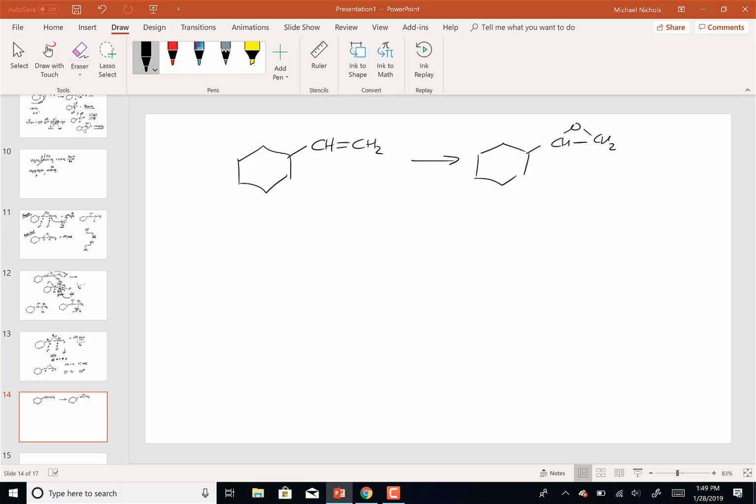Because in order to use an epoxide, I've got to be able to make it. And one of those methods is either stereoselective, regioselective, or stereospecific. So maybe we'll do that real quick at the beginning of class on Wednesday.